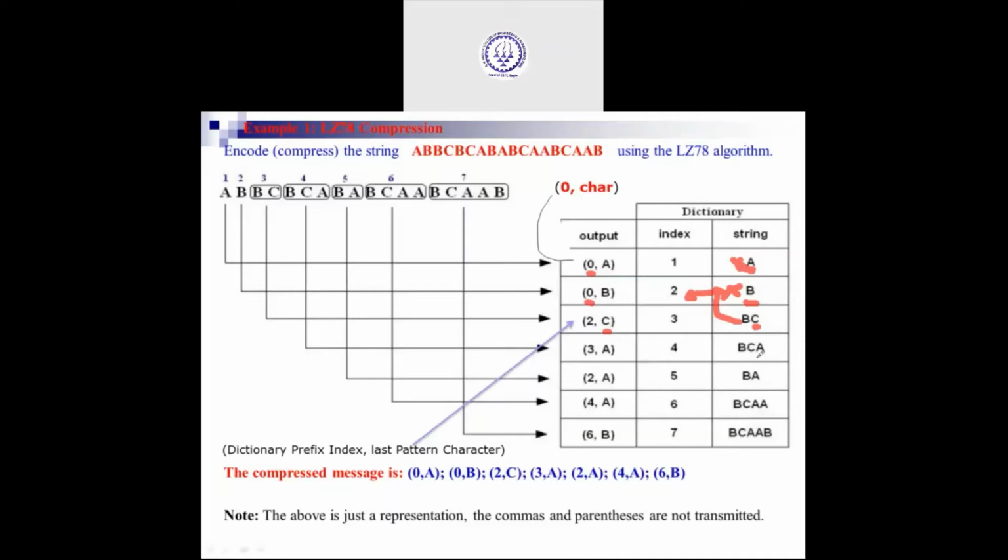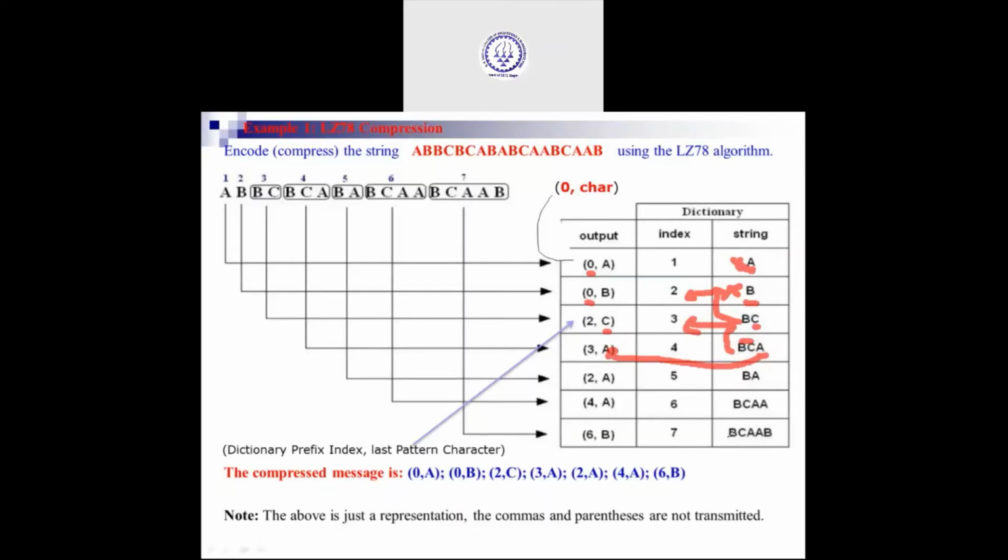Similarly, if I look at this particular case, A is my innovative bit. This A has been copied down here as it is. Then BC is going to be my prefix. This prefix is a string present at this particular location, and the index of this BC is 3. Therefore, my output code is going to be 3 comma A. Same thing I can go on applying.